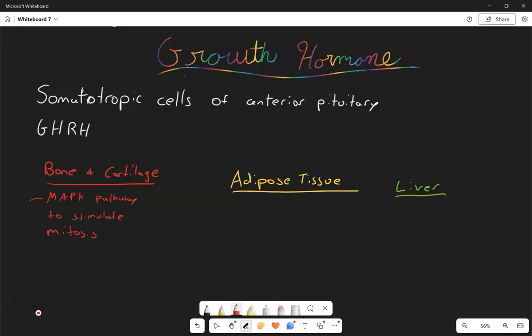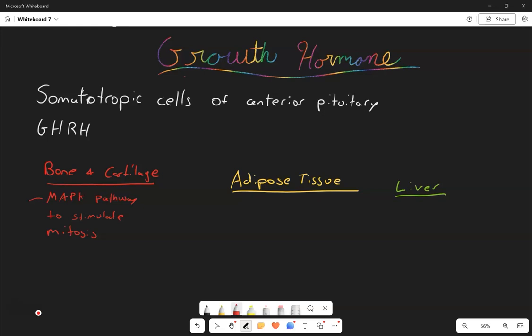So if we think about the pathway that growth hormone takes to its result on bone and cartilage, the hypothalamus releases growth hormone releasing hormone, which targets the somatotropic cells of the anterior pituitary to release growth hormone.